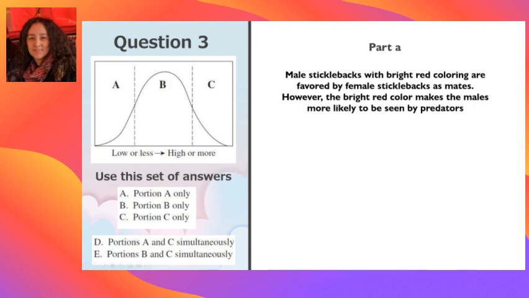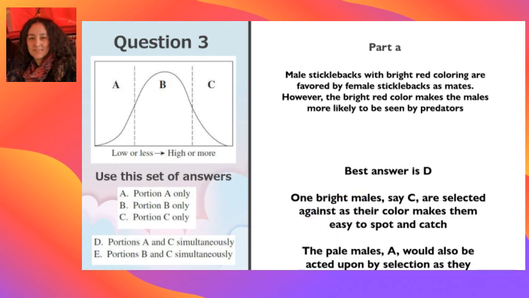We could also have proportion A and C simultaneously, or B and C simultaneously. The best answer is going to be D here, because the bright males, C, are selected against as their color makes them easy to spot and catch, despite that they are favored by the females. There is still selection working against them.